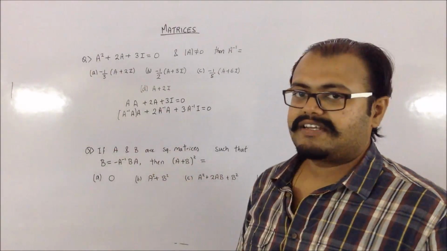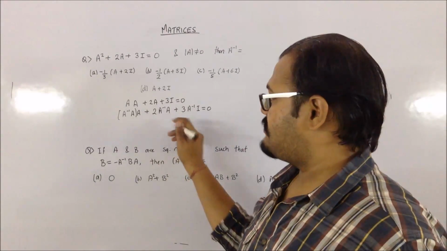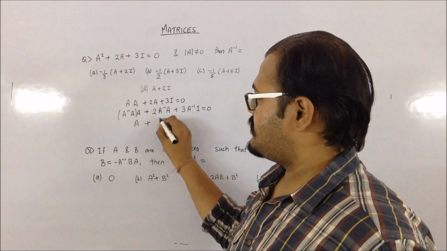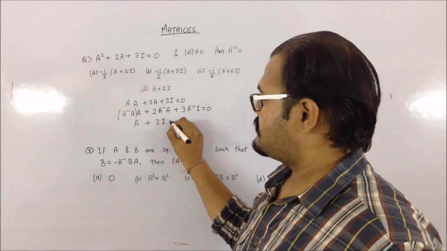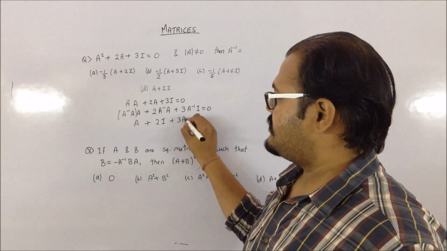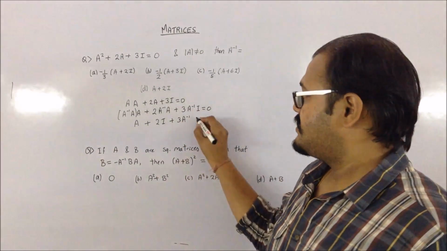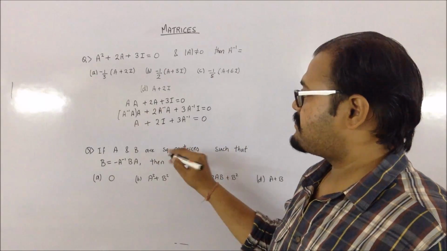A inverse A becomes I. So you will have here I into A, which becomes A, plus 2I, plus 3 into A inverse, because A inverse into I is A inverse, which is equal to 0.